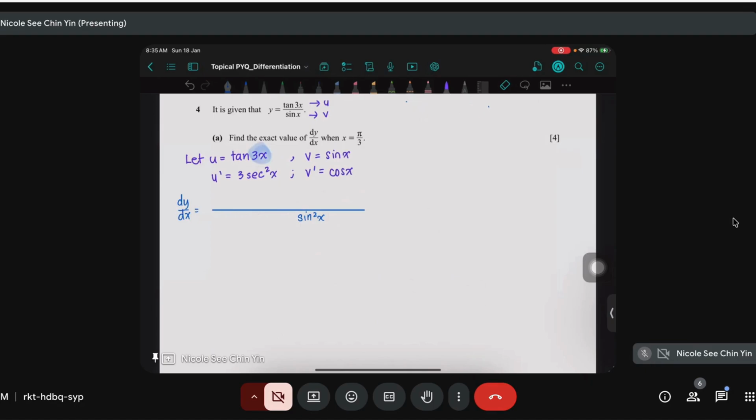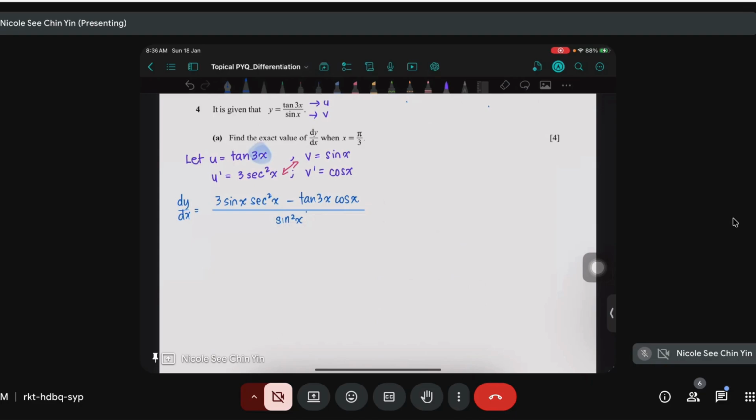I need some space, so we continue to work on the next part. Cross multiply v and u prime, so what we get is 3 sine x sec square 3x minus tangent 3x cos x.